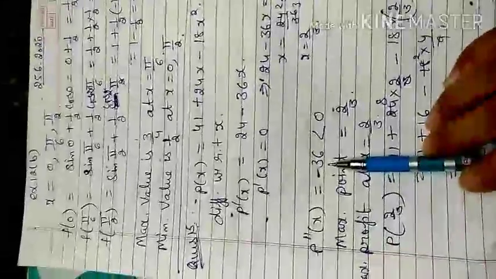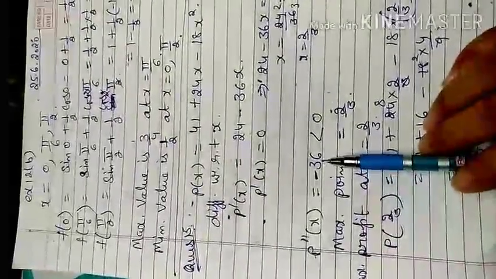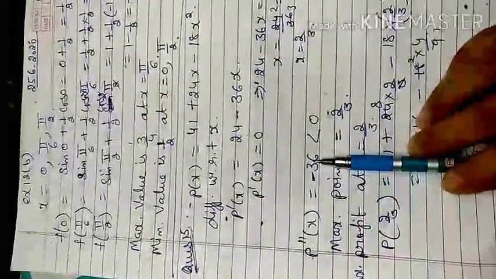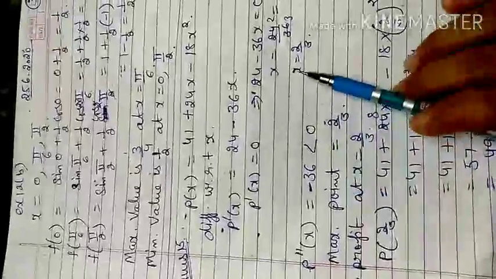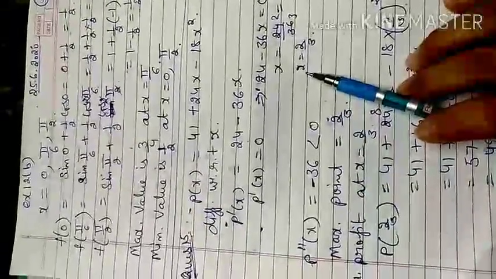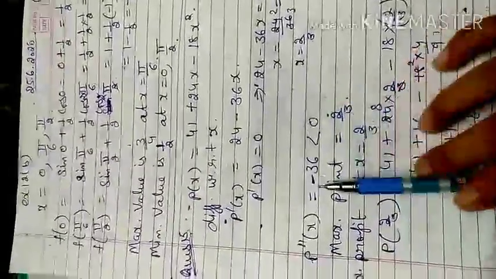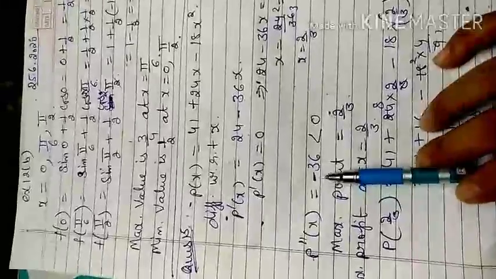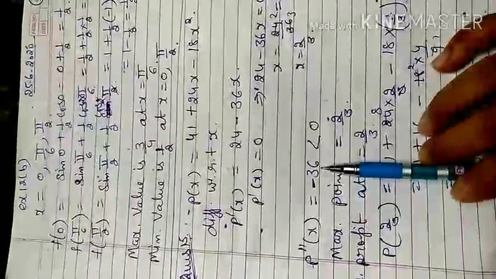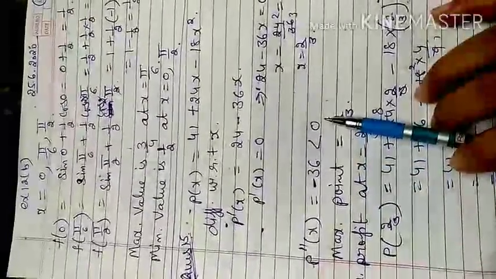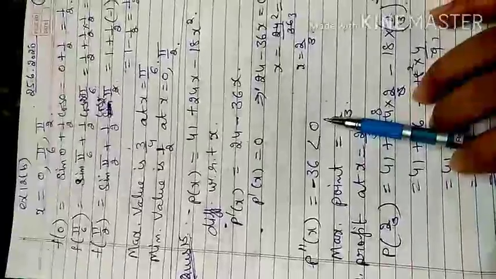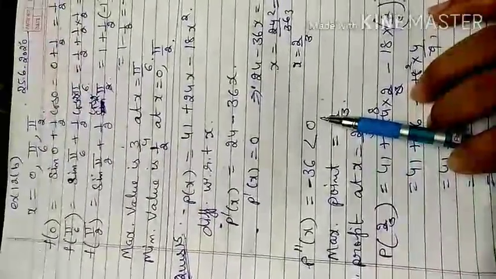I told you before that if no x variable is there, whatever sign is there is what you have to consider, whether you substitute or not, and that applies to the double differentiation. Here it is minus 36, which means less than 0. So what is the condition if the double differentiation is less than 0?